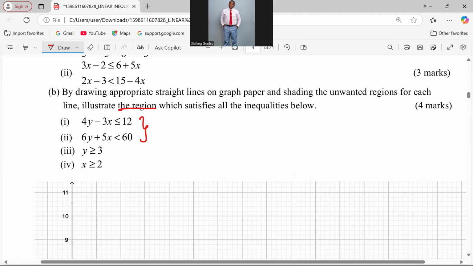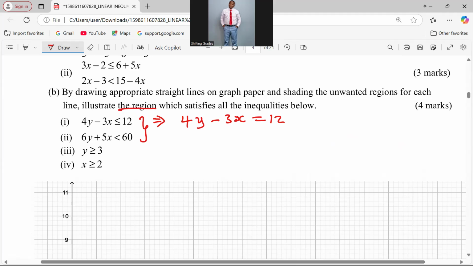In this case, the inequalities are supposed to be translated into their respective borderlines, which are equations of straight lines. Therefore, the first inequality should be translated into a borderline, which is 4y minus 3x equals 12. So there is a borderline which represents the first inequality, and that borderline is the respective equation.